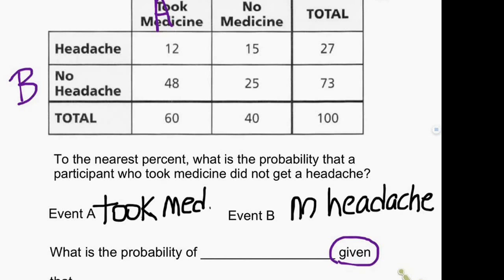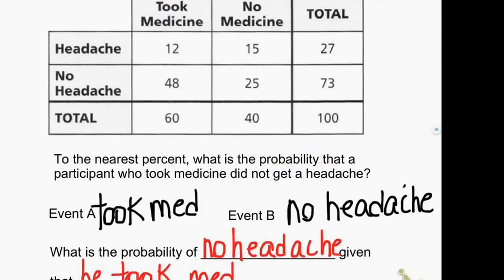So if I read my question again, to the nearest percent, what is the probability that a participant who took the medicine did not get a headache? So I want to know the probability that they did not get a headache. I'm going to write that in conditional statement form. What is the probability of not getting a headache given that he took the medicine?